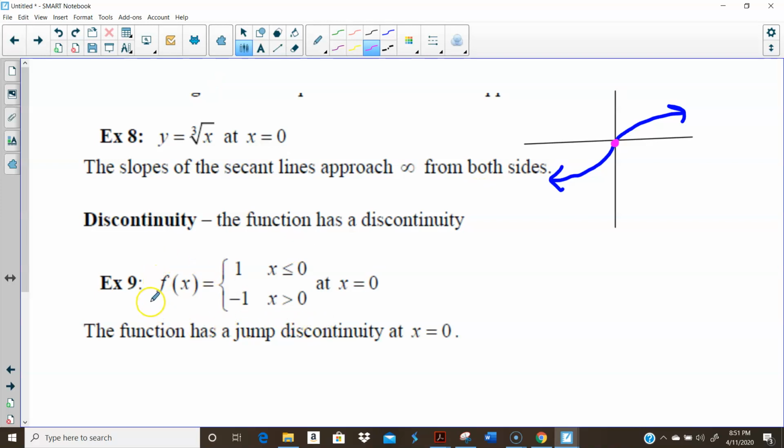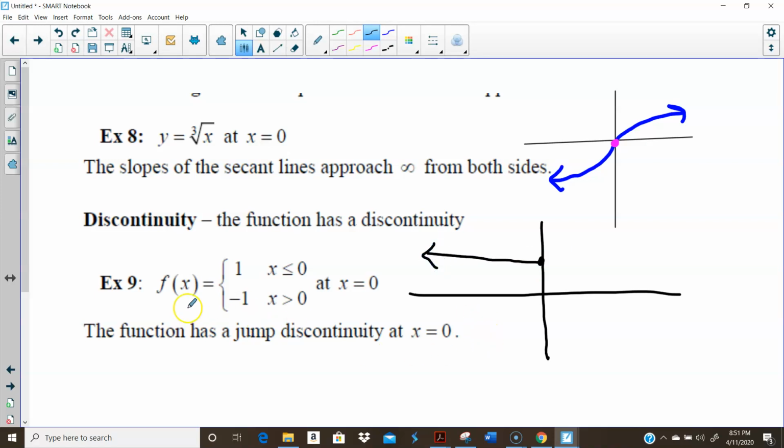Looking at example 9. Example 9 is a piecewise function, and you're going to see this function quite often in calculus. So y equals 1 when x is less than or equal to 0, and then y equals -1 when x is greater than 0. This time it's an open space, and I'm going in that direction.